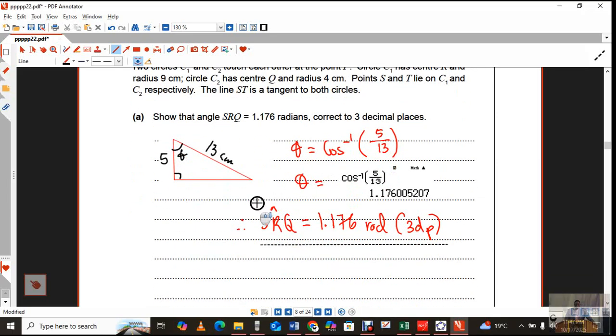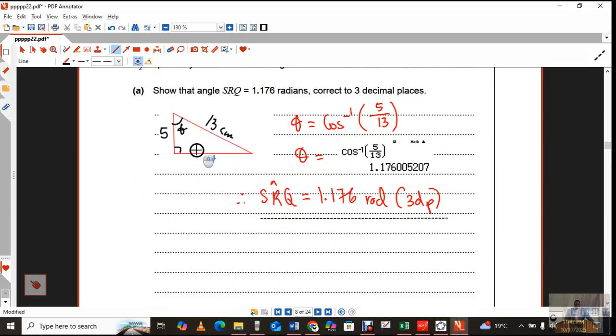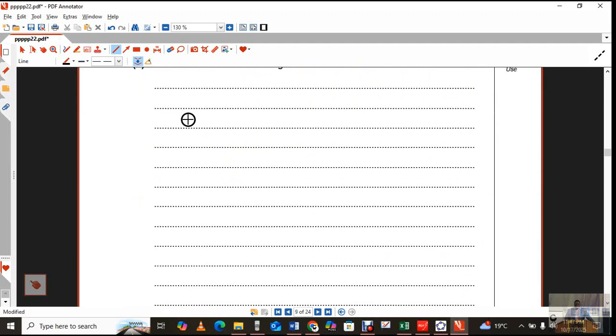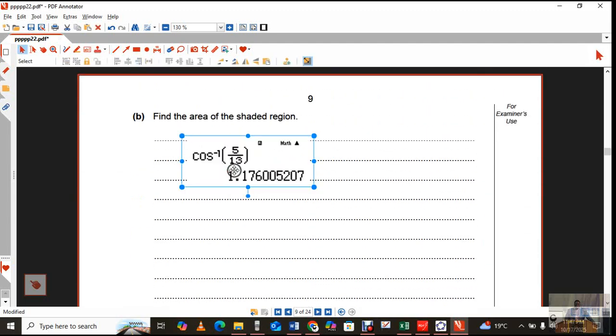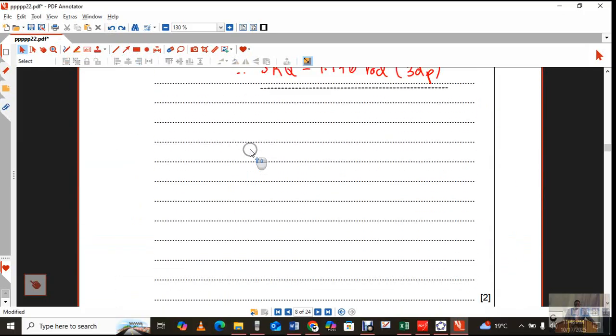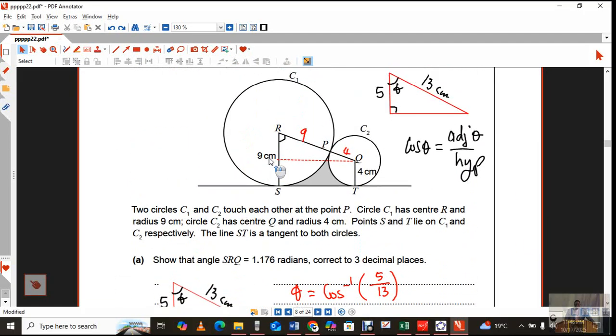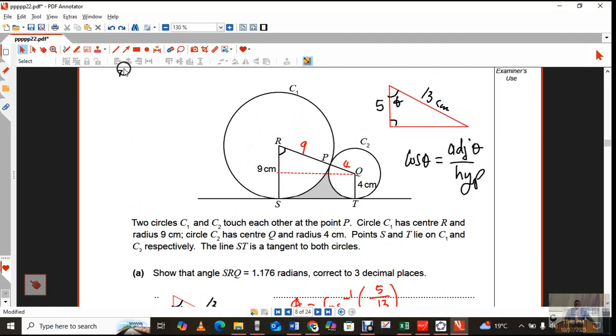The way you can find that, you can use Pythagoras. So let me paste that, let's rather do this. I'm going to take this whole thing.